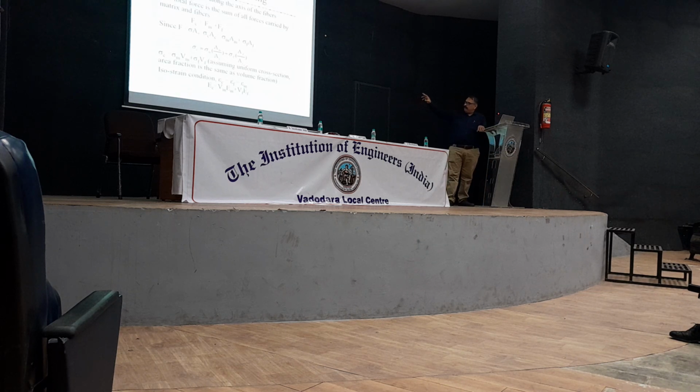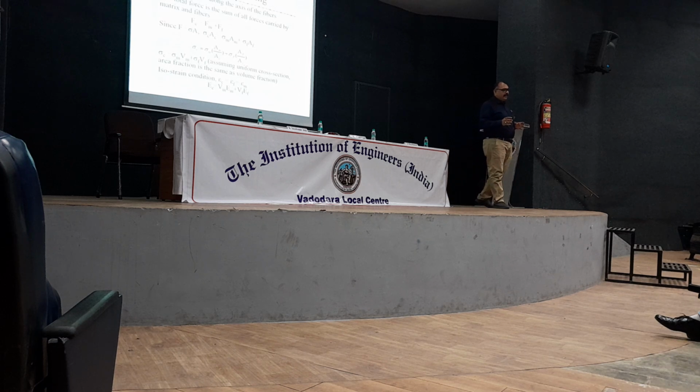So in this topic, mostly we are using this equation: EC = VM EM + VF EF, that is the composite elastic modulus. Because whatever composites we develop, if we want to make them structurally stable, we have to find the tensile properties, flexural properties, impact and other properties. If it passes those standards as per the ASTM, whatever standards are defined, then only can we use it in our product.